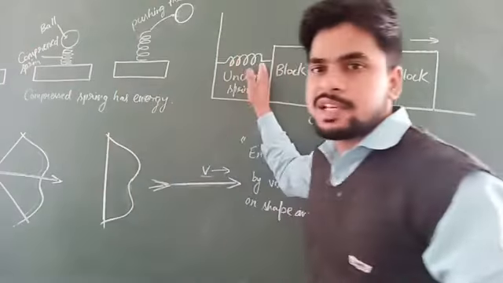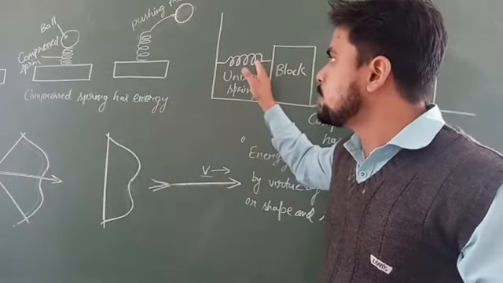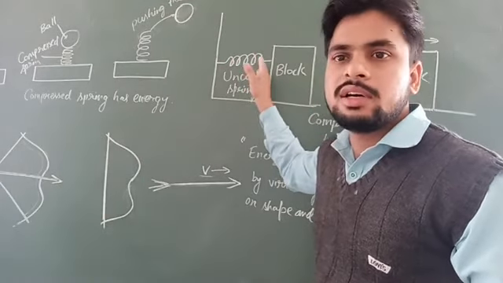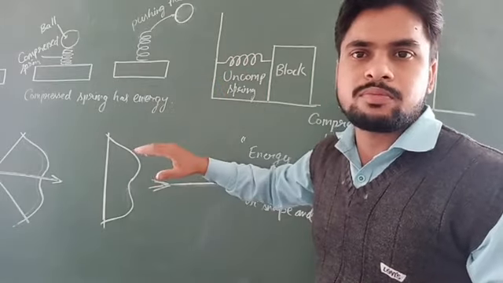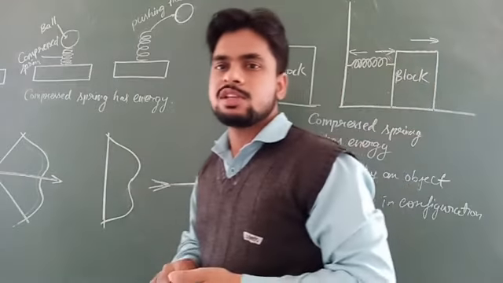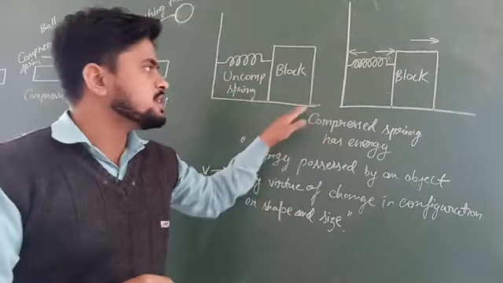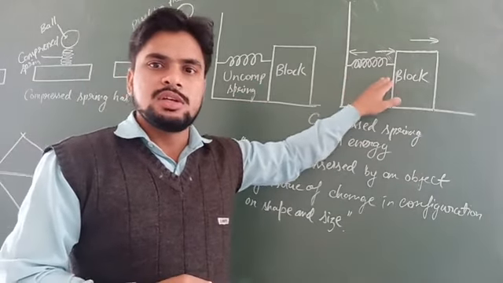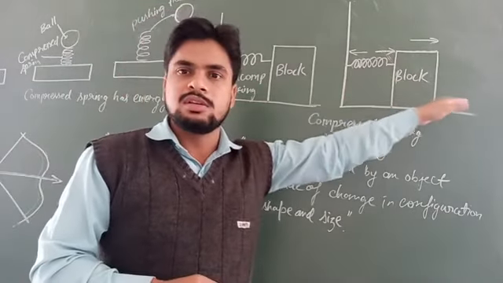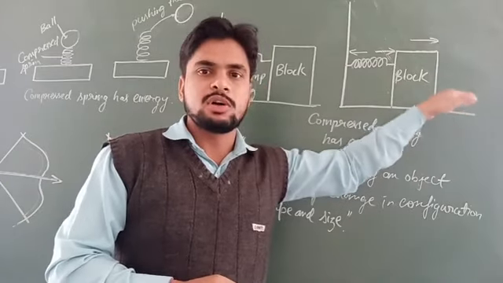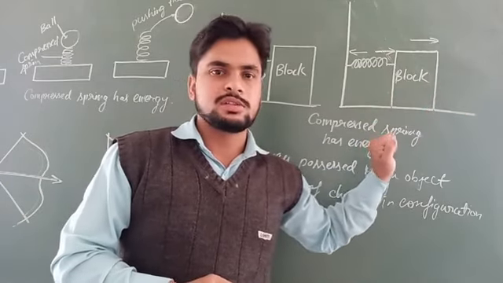When I am compressing the spring, then I am doing some work against the elasticity of this spring, and that work done is stored in the form of energy, due to which the block starts moving in forward direction when it is released.